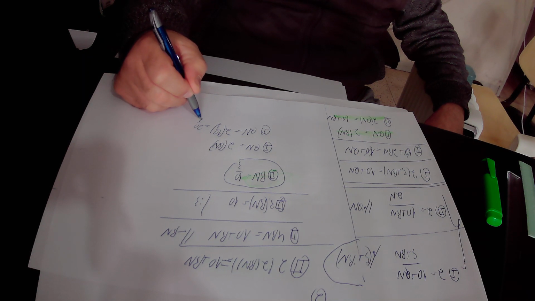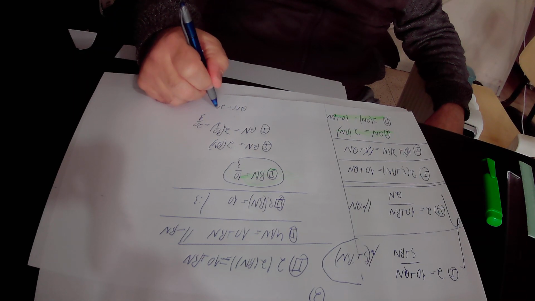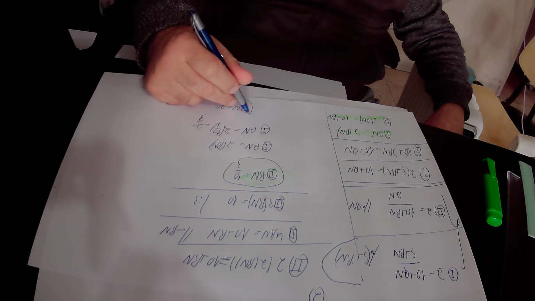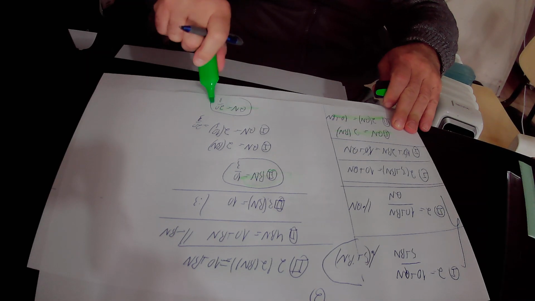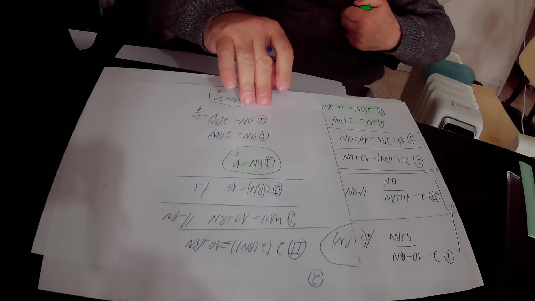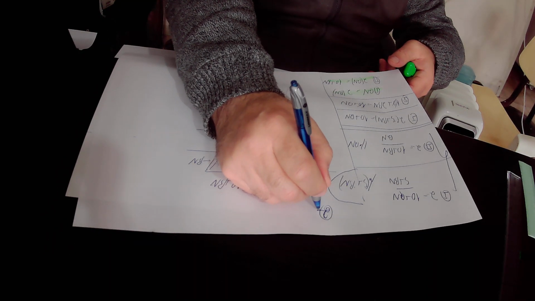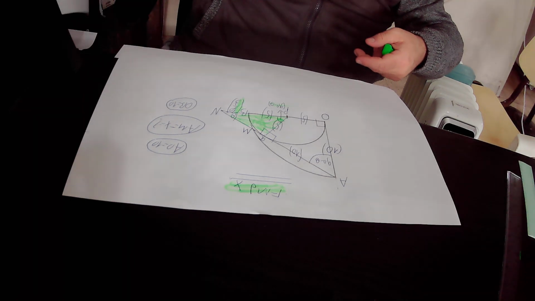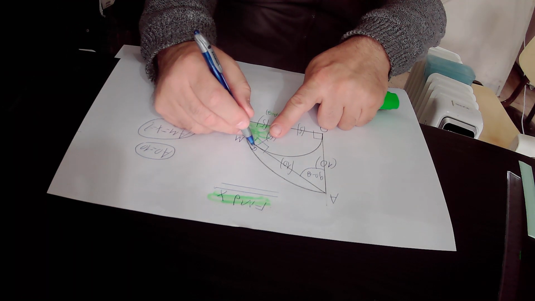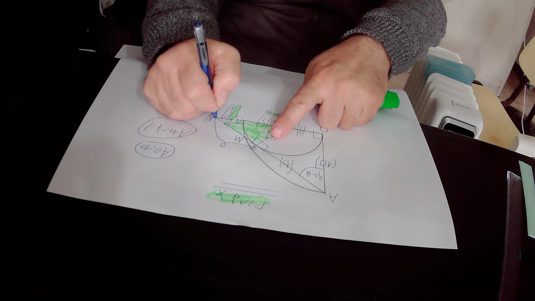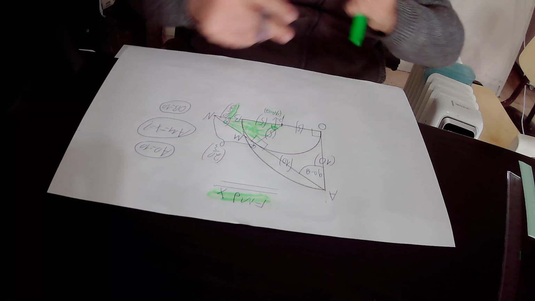So we found out that Qn equals 20 over 3. Again, this segment Qn equals 20 over 3 units in its length.